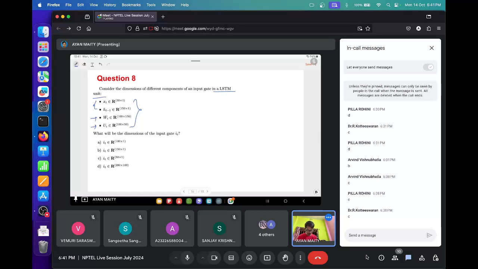And what will be the dimensions of the input gate it? Once you compute this input gate using xt, ht minus 1, wi, ui, what will be the dimensions of the input gate it?